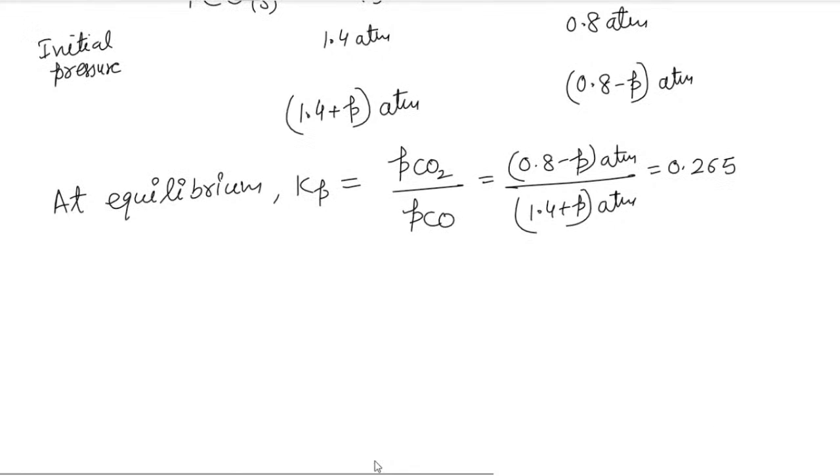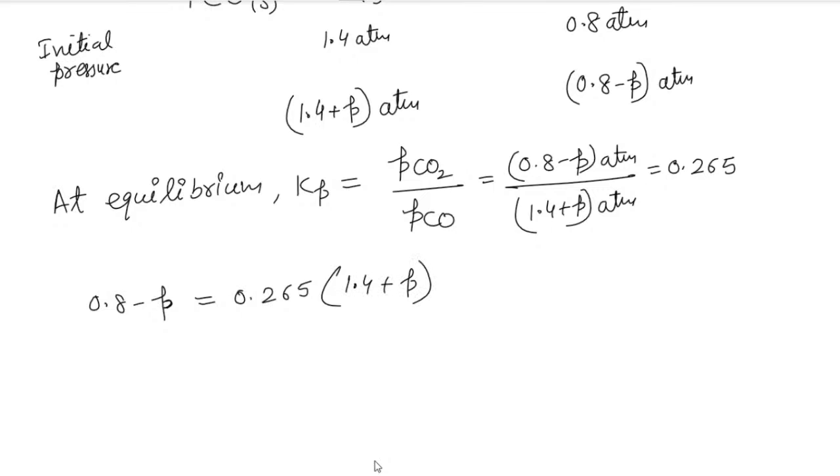So now 0.8 minus P is equal to 0.265 into 1.4 plus P.